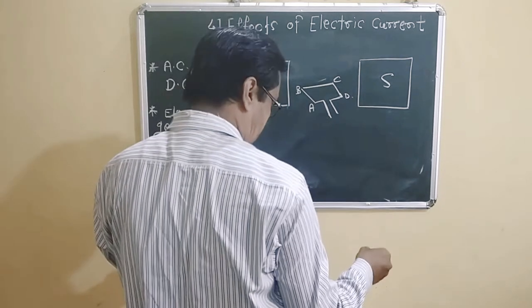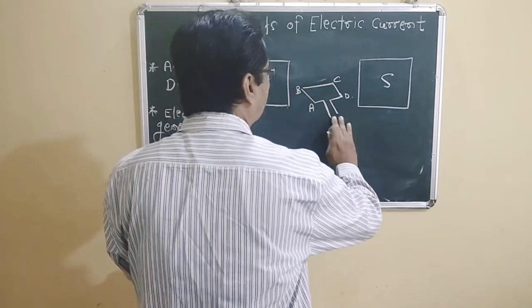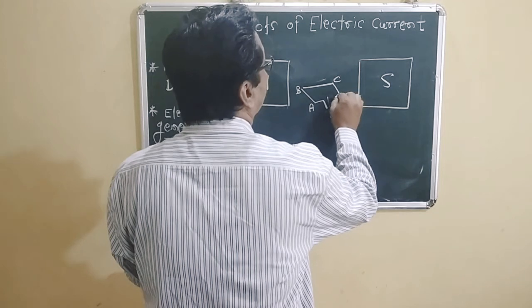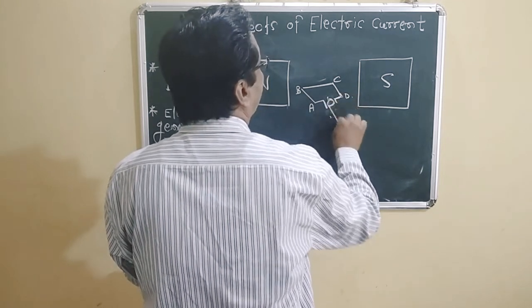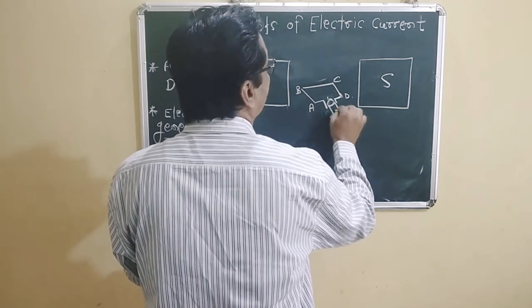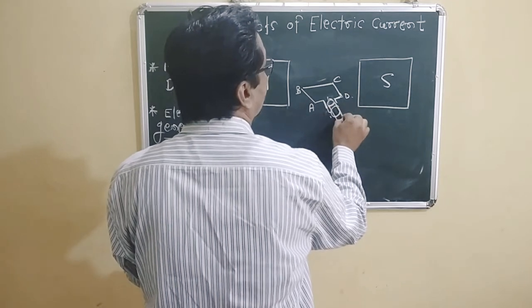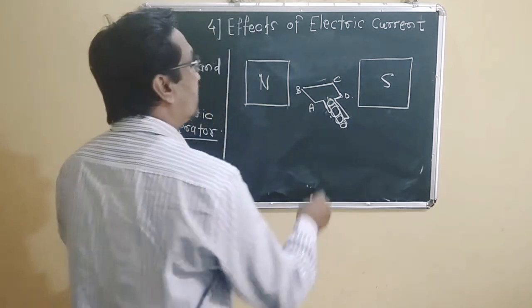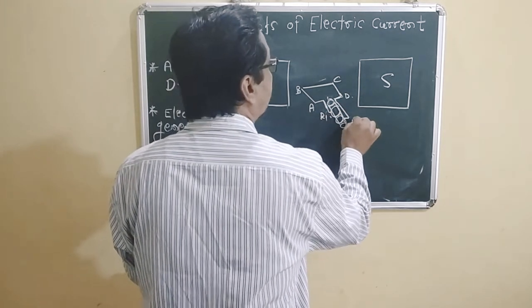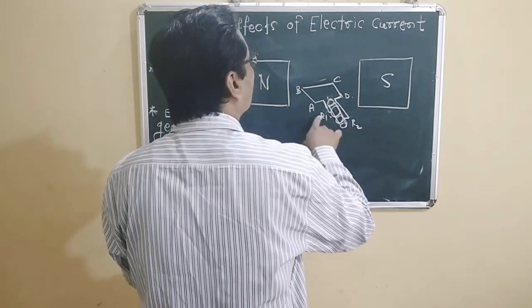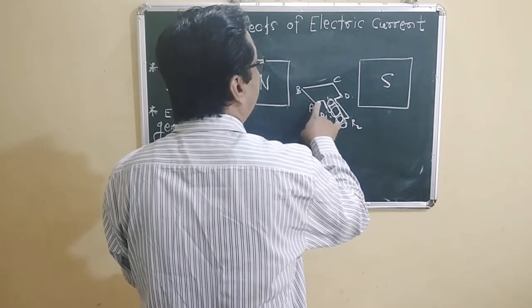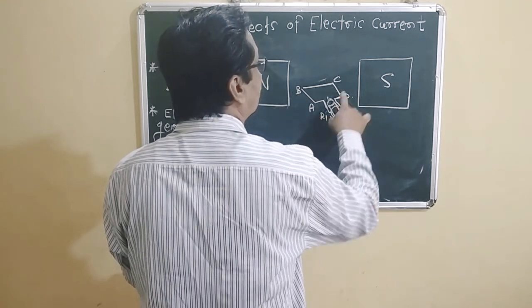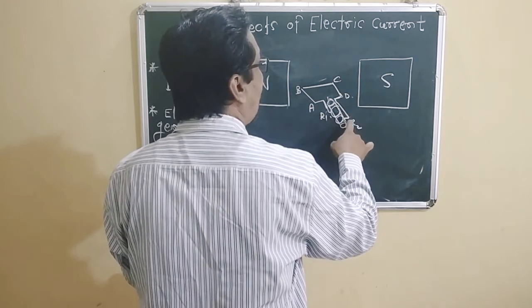to an axle. Here are two rings, R1 and R2. AB is connected to the ring R1 and CD is connected to the ring R2.